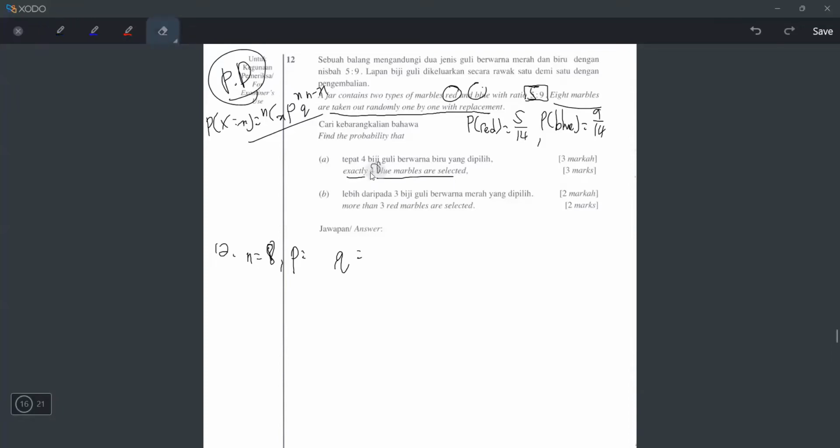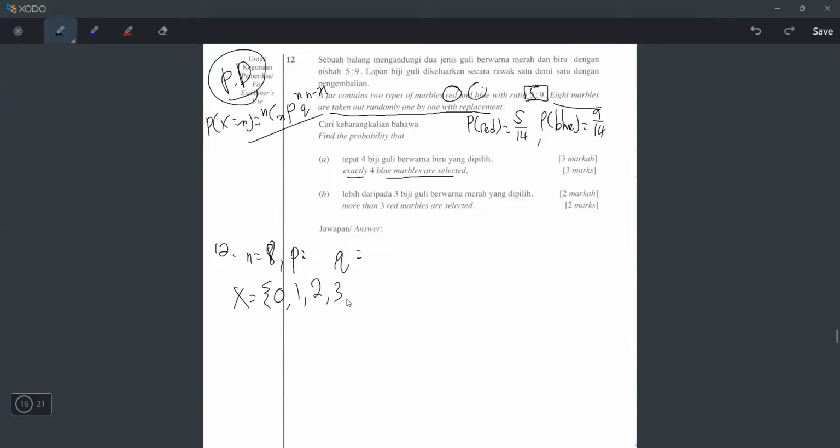It means for this experiment to be considered a success, you have to get a blue marble. When you take out 8 marbles, listing all the possibilities, there's a possibility of 0 success, meaning 8 times you fail, you never get even 1 blue. Or maybe 1 success, meaning only 1 blue.